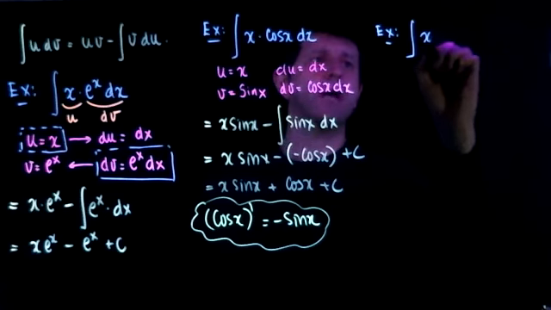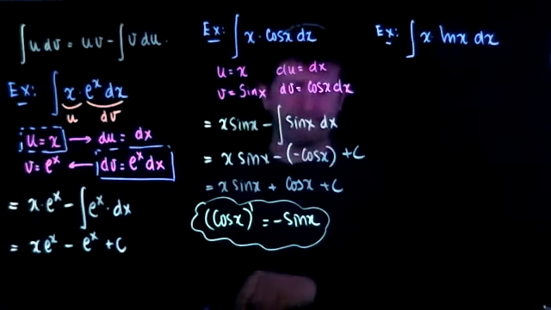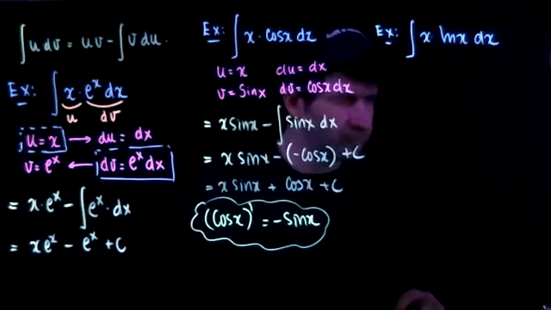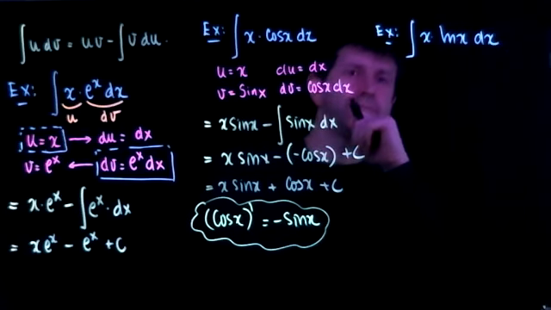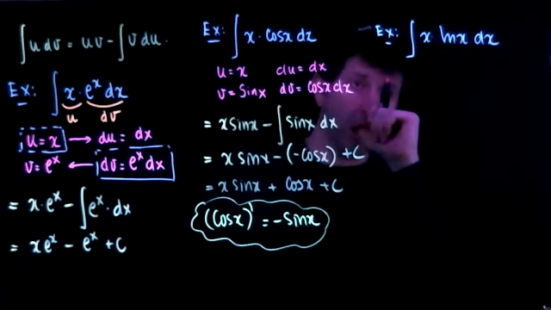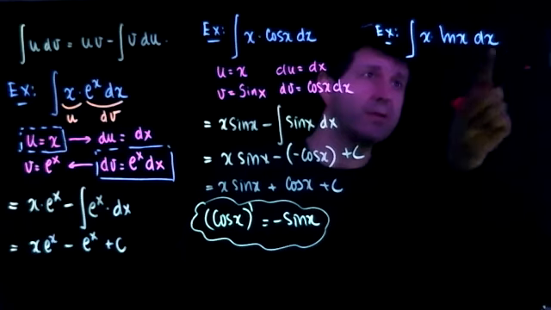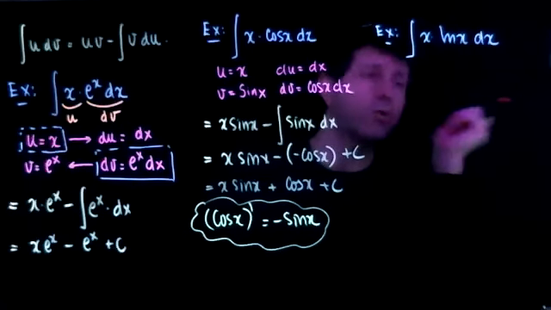So let's try x ln x dx. So what did you choose as u here? X. So if you do u equals x, you're going to have a problem because your dv will be ln x dx, and to find the antiderivative of ln x, I don't know how.